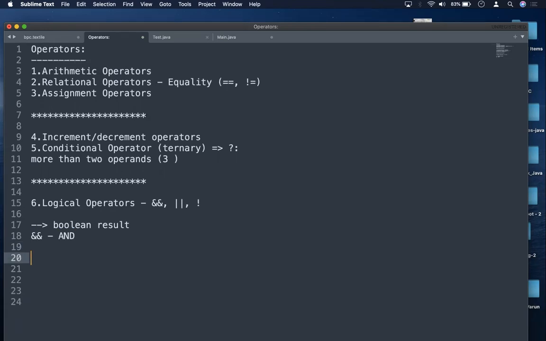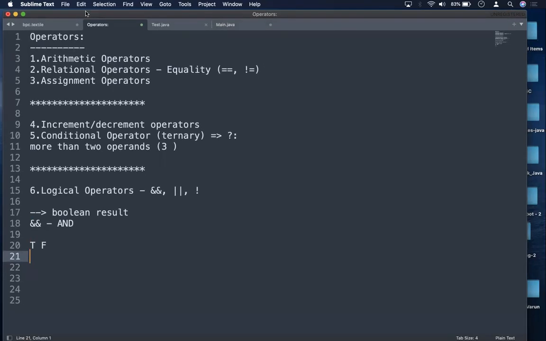We have true and false as the inputs, which can be considered as 1 and 0, true being 1 and false being 0. Since we have two inputs, we have four possible combinations.